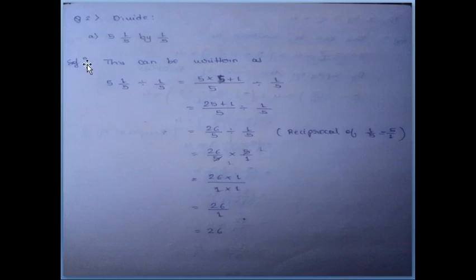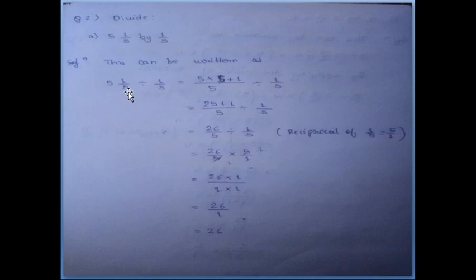Next, divide. Question number 2, divide. So the first question is given 5 1 by 5 by 1 by 5. So here we have to perform the division between two numbers from which one is given in the form of mixed fraction and the other is given in the form of proper fraction. So this can be written as 5 1 by 5 divided by 1 by 5, that equals to, so this mixed fraction we will convert it into improper fraction.